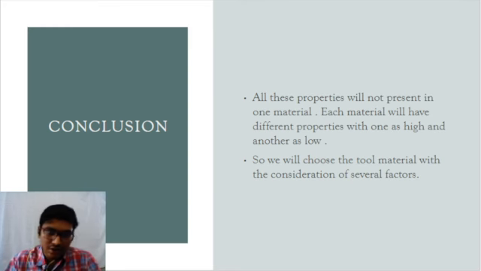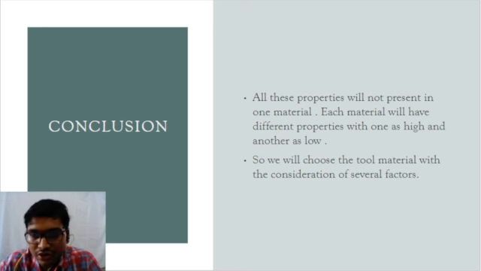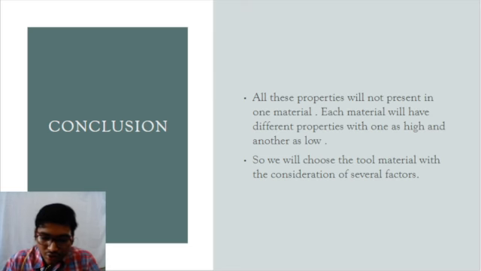By seeing these properties, we can come to a conclusion that all properties will not be present in one material. A material can have some of the properties we see.